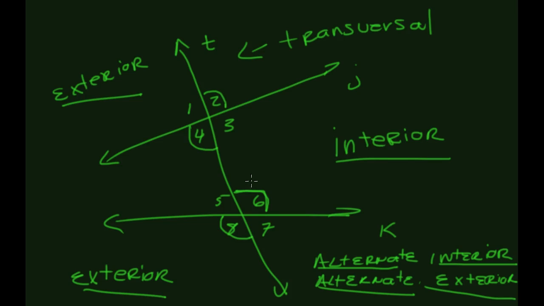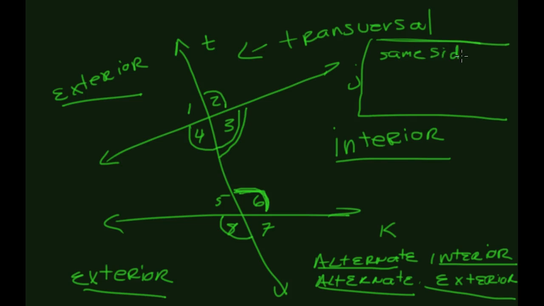Another set that we have here would be 3 and 6. We're going to call those same side interior angles. They're both in the interior again, but now they're on the same side of the transversal.